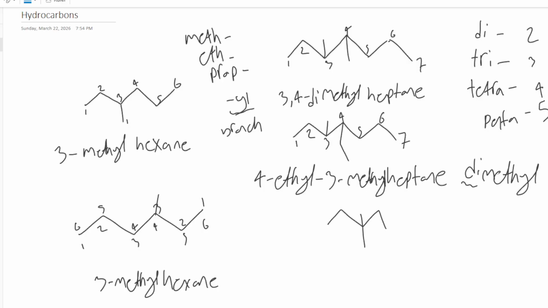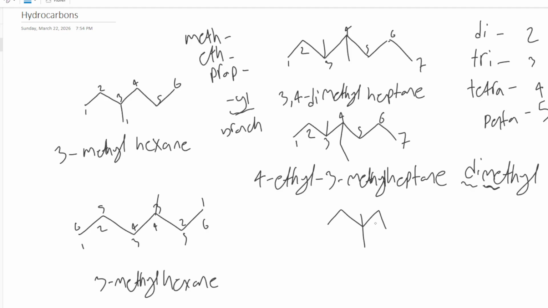So even though this is dimethyl, it would still come after the ethyl. Okay? So just know that. You will always only ever start off with the actual name of how many carbons there are itself, right? So M.